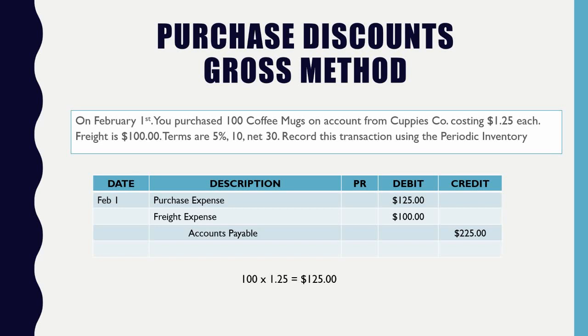Absolutely not. Same thing. Can I ask for a discount off of sales tax? Absolutely not. So in this case, the only number that I can actually record my discount on is the actual merchandise purchase price. So I can only take 5% off of my $125.